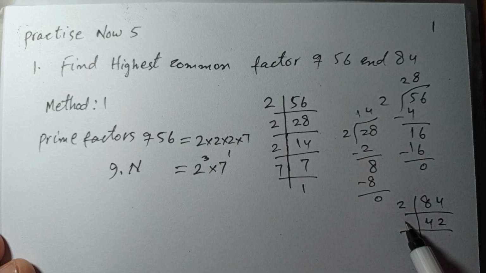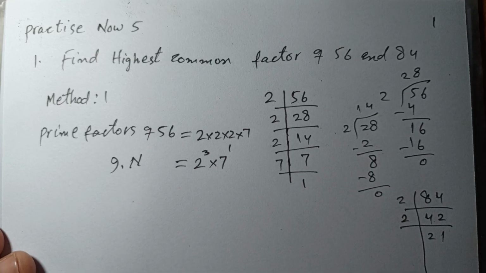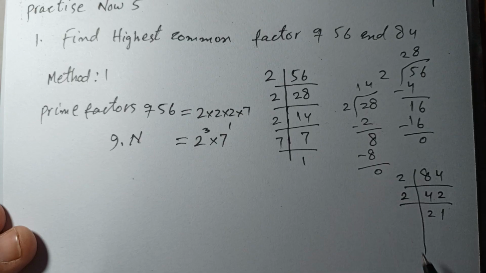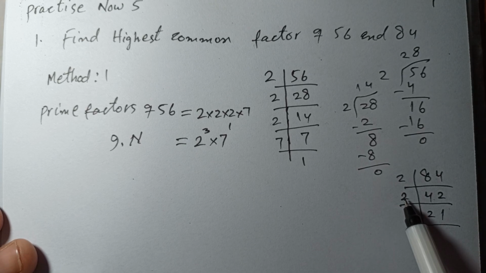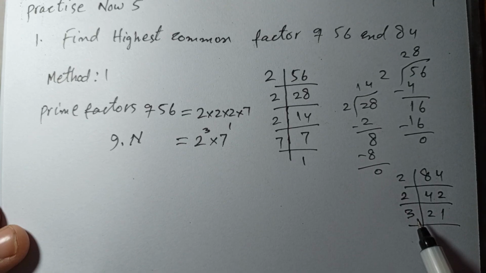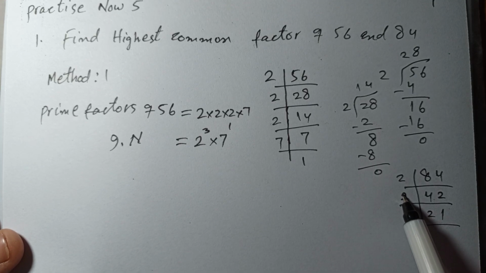Now 42 is divided by 2. 2 2s are 4 and 2 1s are 2. When you divide 42 by 2, you will get 21. 21 can't be divided by prime number 2, so you will divide it by prime number 3. You will use only prime numbers for division.